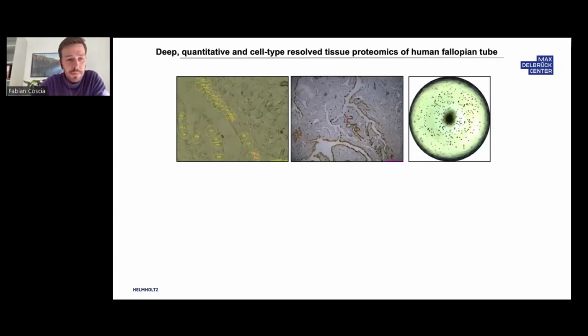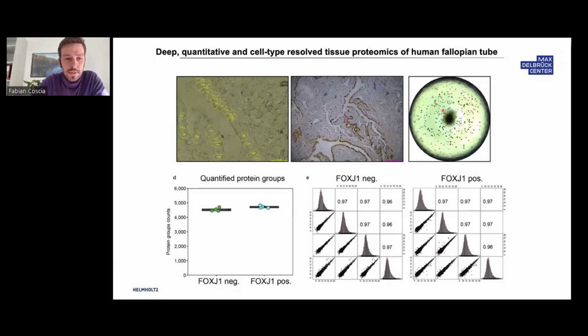Here we see these contours that the laser microscope sees and then follows for cutting. And here is after cutting, you see how these individual tiny little cells in the tissue were isolated, and then by gravity they are collected into a 384 well plate, where we can then in this inspection mode make sure that in fact the samples were collected for proteomic analysis.